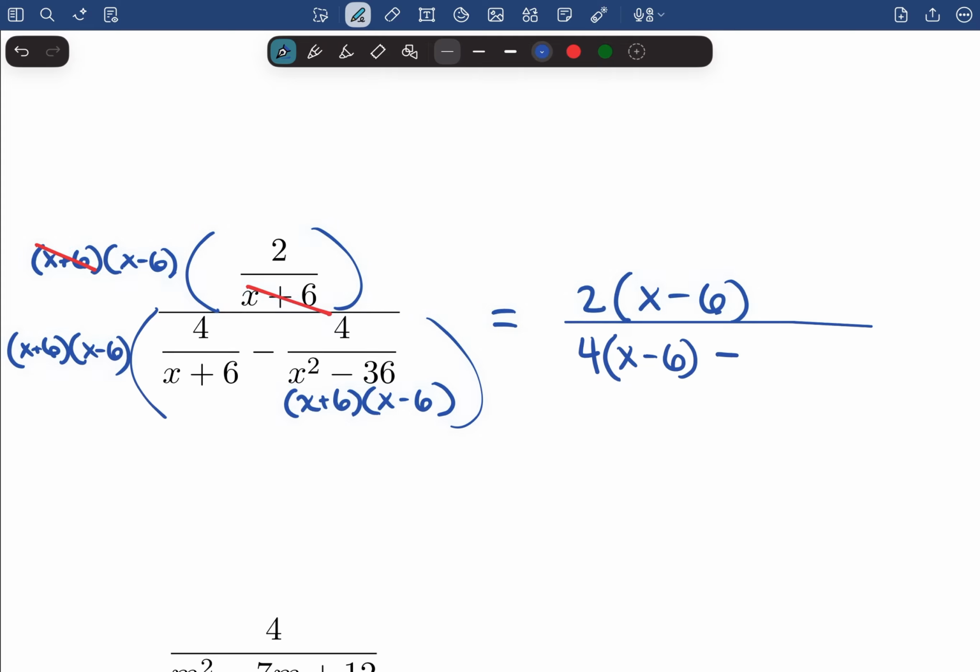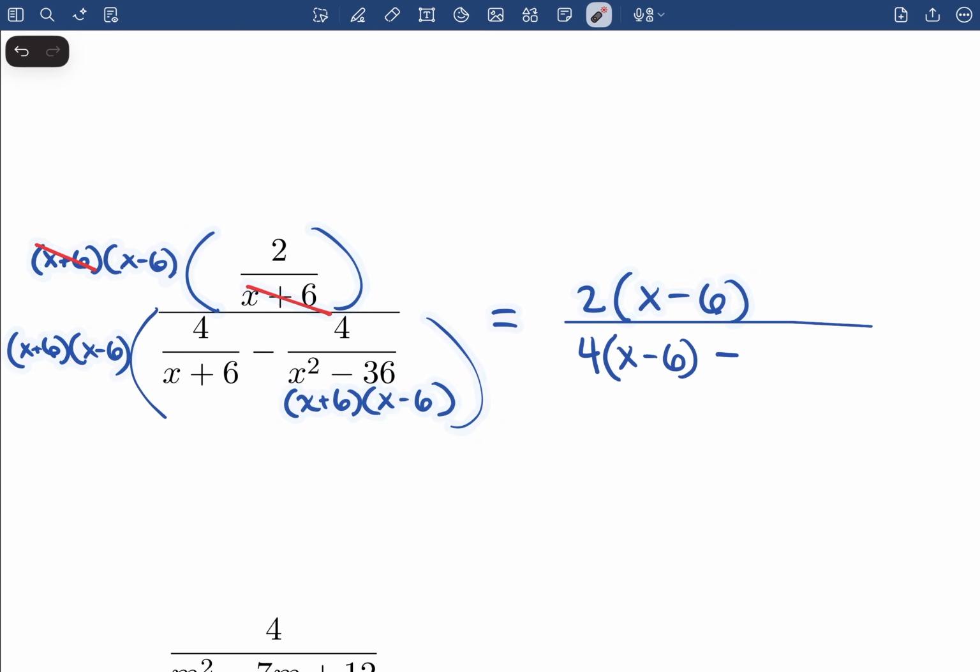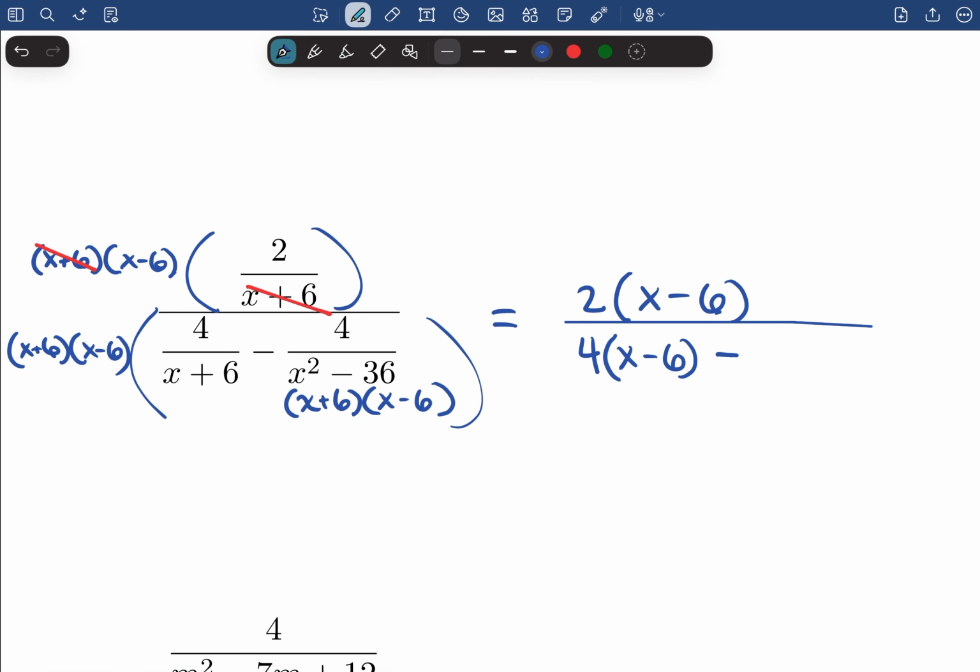And now moving on to this fraction, it has a denominator of x plus 6 and x minus 6 factors. And that's what I'm multiplying into this stuff. So x plus 6 cancels x plus 6, and x minus 6 cancels x minus 6. And we're left with just 4. That's all that's left, 4.